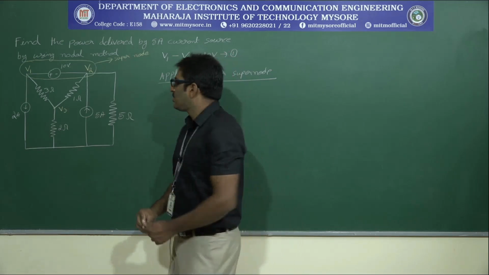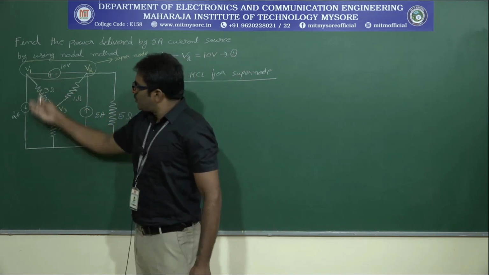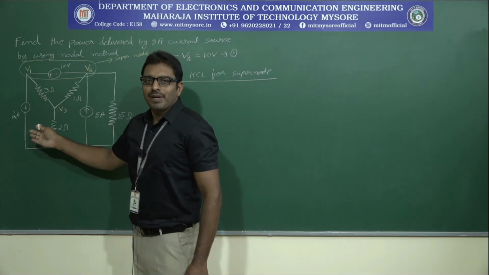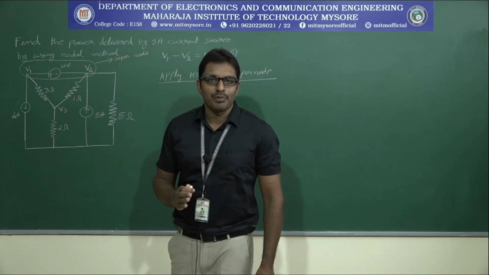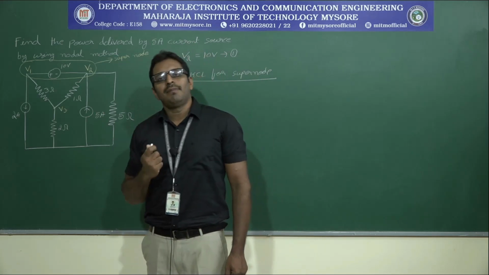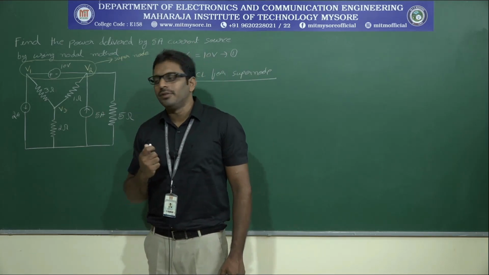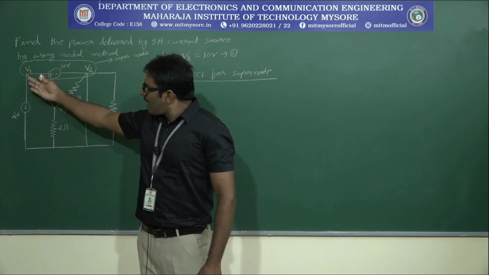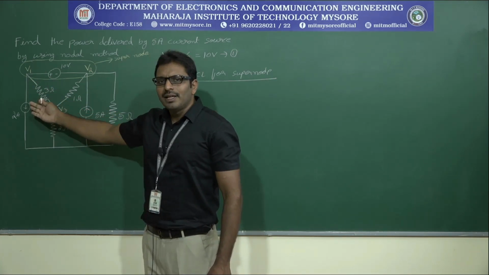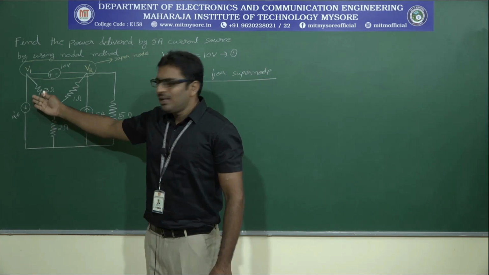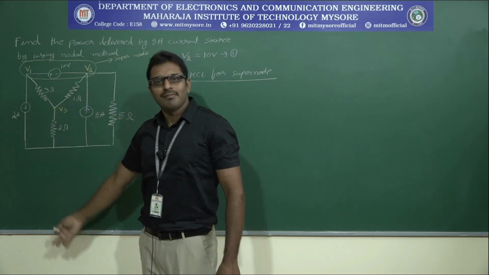Is that clear? So first, when you are applying KCL for any node, just consider that node is at a higher potential. Therefore, all the branch currents are leaving from the node. The branch current in this branch leaves from the node. At the same time, the current source given in this branch is also supplying current in the same direction.